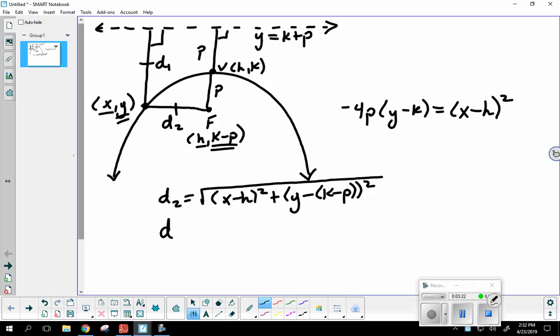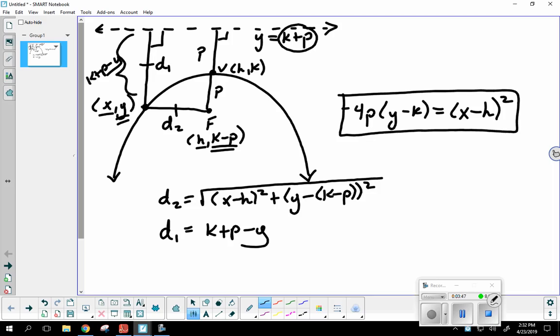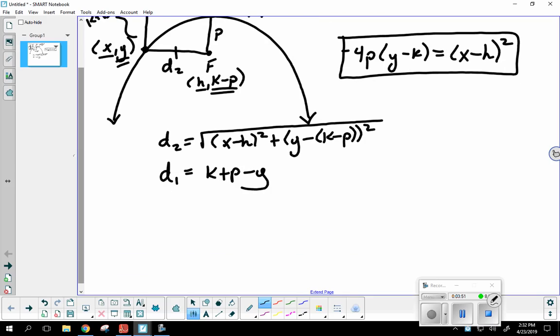Now the first distance is just a vertical distance. All I need to do is take the larger y value, the k plus p, and subtract y. So this distance right here will simply be k plus p minus y. Very simple and very straightforward. In order to prove this, we're going to start by setting these two distances equal to one another.